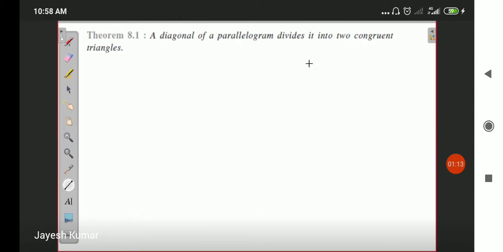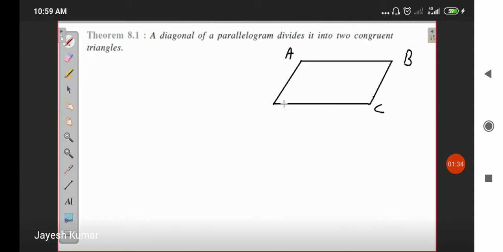So first of all, let me draw the diagram. Let us name it A, B, C, D. What the theorem is stating is that if I draw a diagonal, and I can draw any diagonal, let me draw diagonal BD.